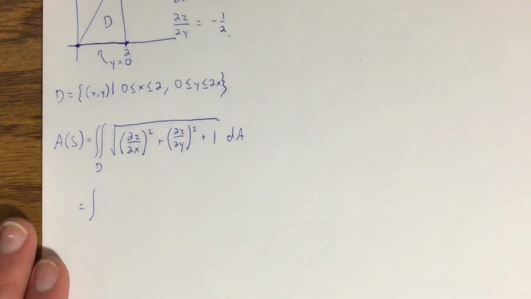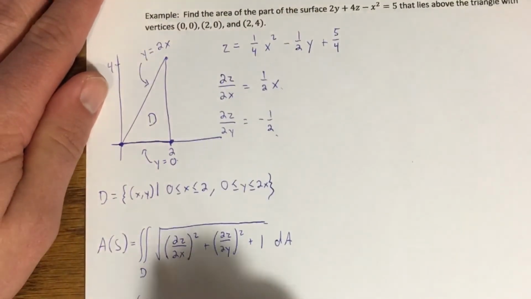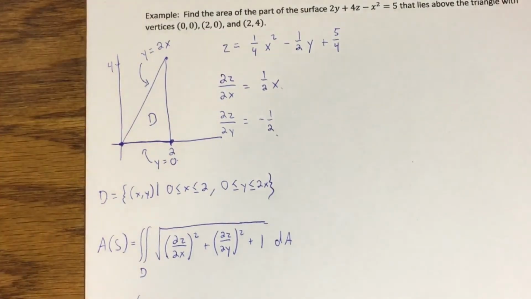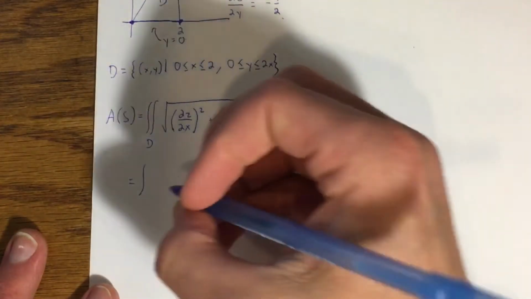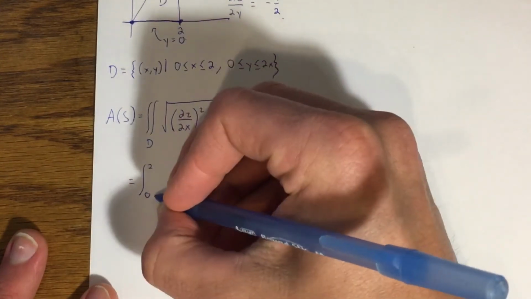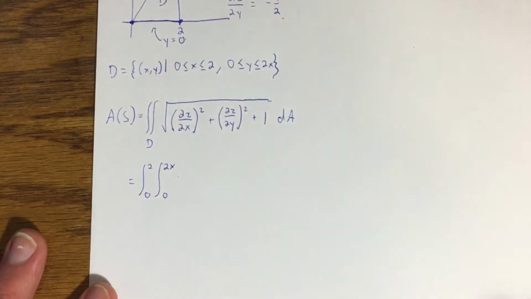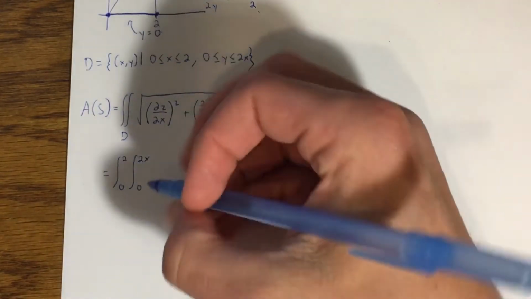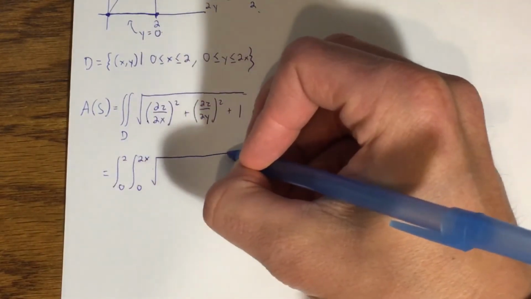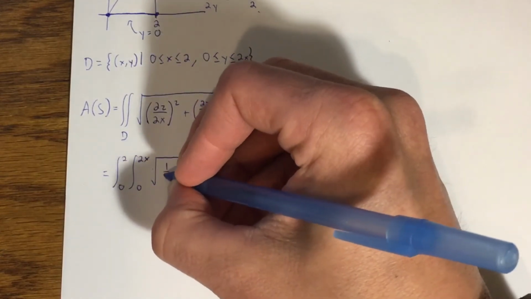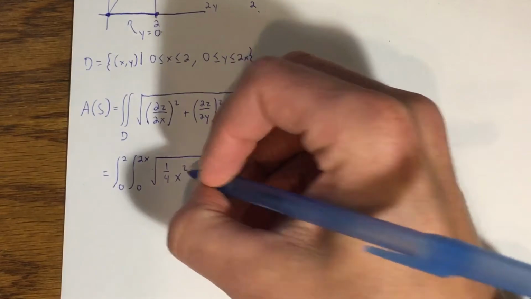And in fact, since we've already described the region D, let's also go ahead and set this up as a type 1 iterated integral. So we're going to have 0 to 2, 0 to 2x here, and then square root of, if I square my partial with respect to x, I'm going to end up with a 1/4 x squared.